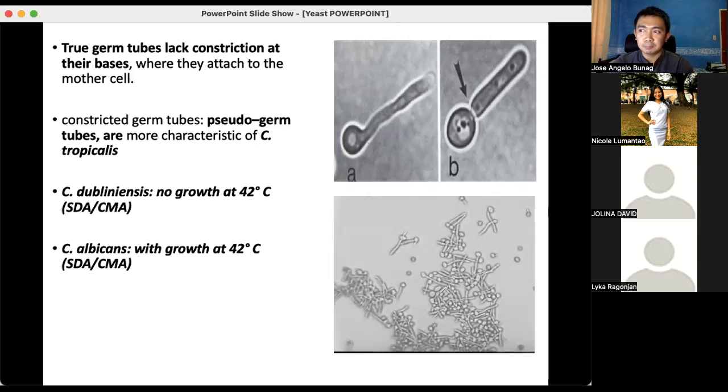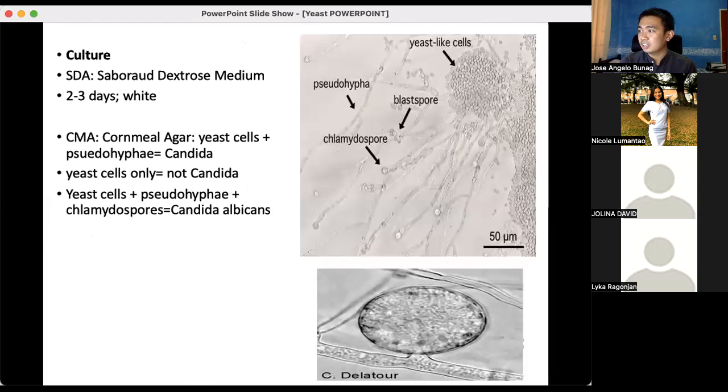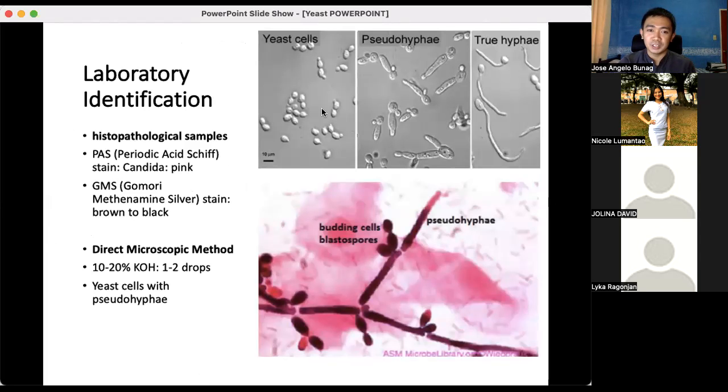So later, in the handout that I will give to you, siguro gagawa ako ng guide, yung from yeast to germ tube, tapos kung ano ang positive, negative result and what are the yeasts associated sa positive, negative result, so that you may be guided properly in the proper identification of your yeast.